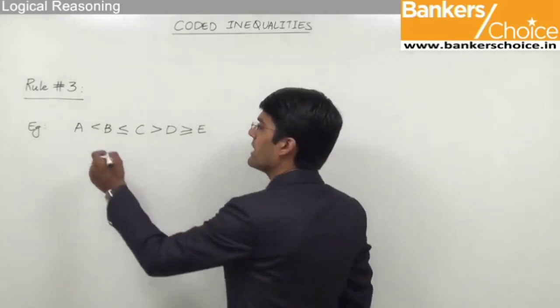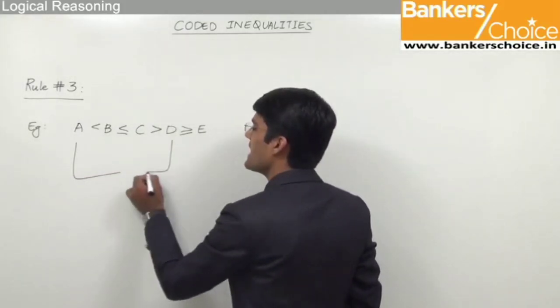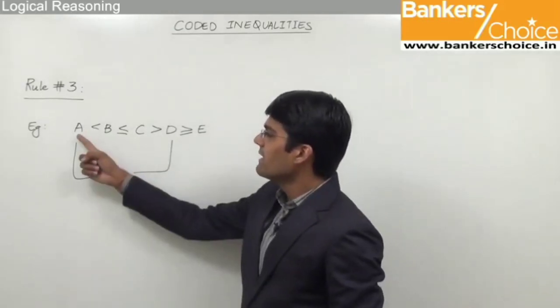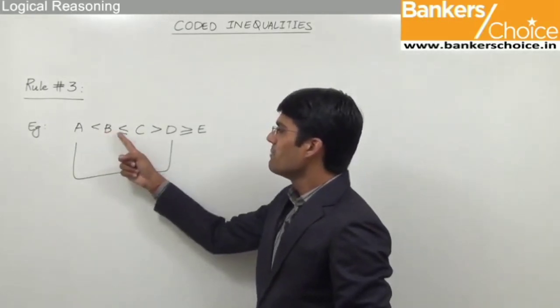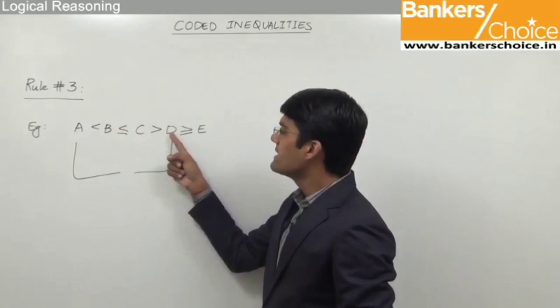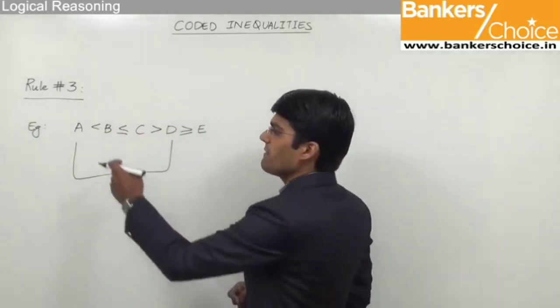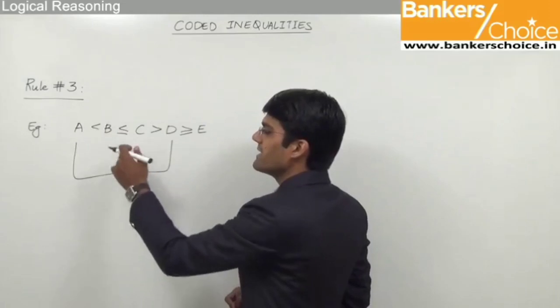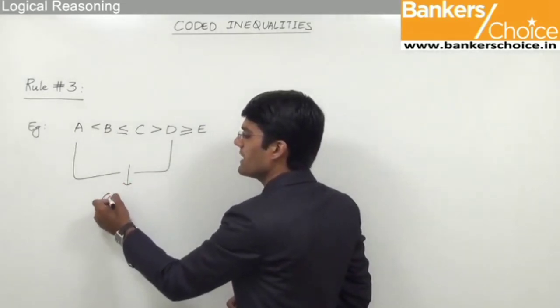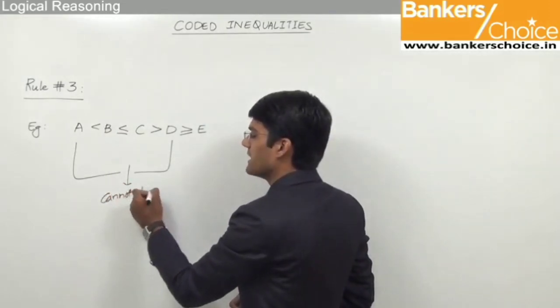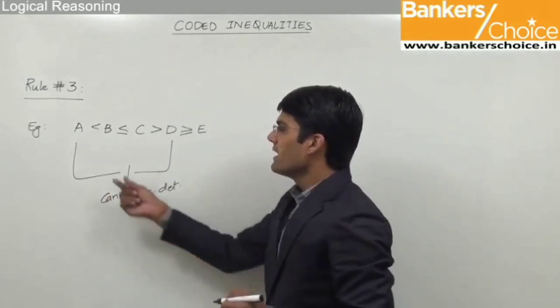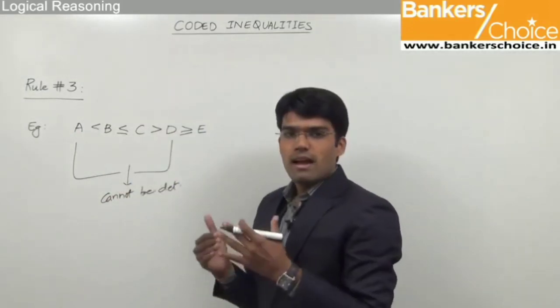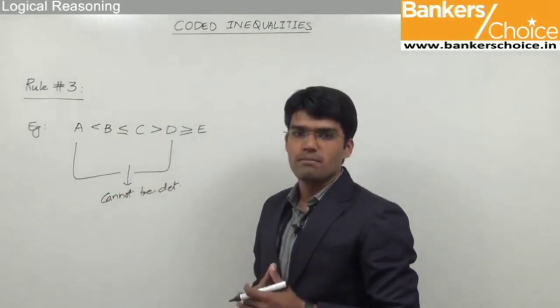For example, let us assume we are comparing the variables A and D. As you can see here, A is less than B, B less than or equal to C, and C greater than D. So once we find two dissimilar inequalities between any two variables, we can say that the relationship between them cannot be determined. Therefore, A and D have got no definite relationship between them.